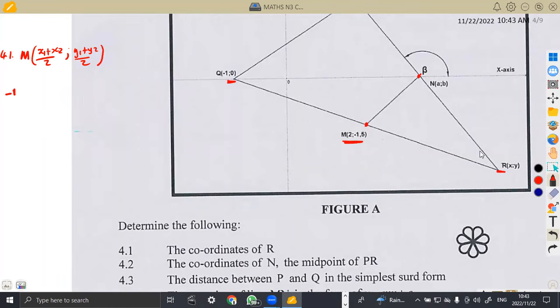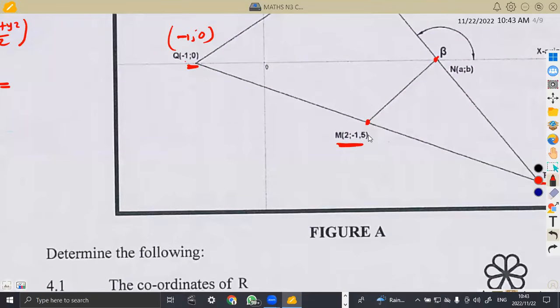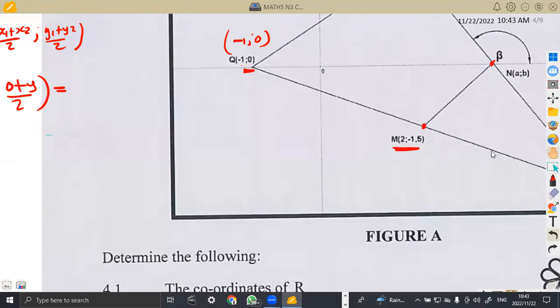So we've got -1 plus x over 2, where x is from R. We move on to y, which is 0 here. Take note, this is (-1, 0). So it's going to be 0 plus y over 2. That is how you obtain the midpoint. We are given that the midpoint M is (2, -1.5), so we equate that.